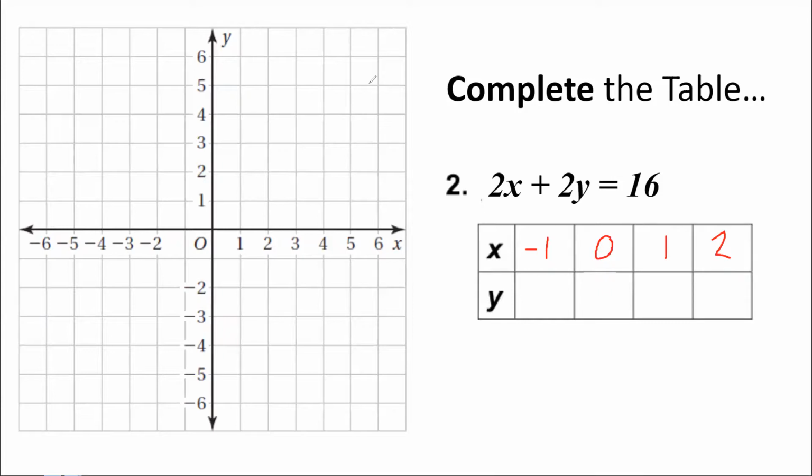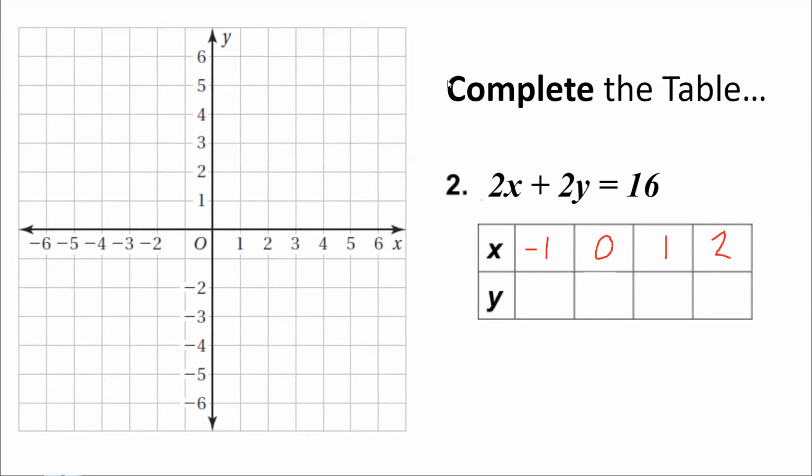A helpful hint, we can use our knowledge of rewriting equations to make this a lot easier to solve. And so right now, it's not written in the proper form. So that's going to make it really difficult for us. So before I let you guys go on your way, let's go ahead and just do that together.